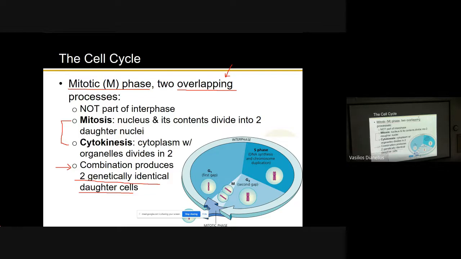The key there is two and genetically identical, because some of the questions on the exam are going to be you comparing and contrasting mitosis and meiosis. Only mitosis gives you two cells instead of four, and only mitosis gives you genetically identical cells as opposed to genetically unique.